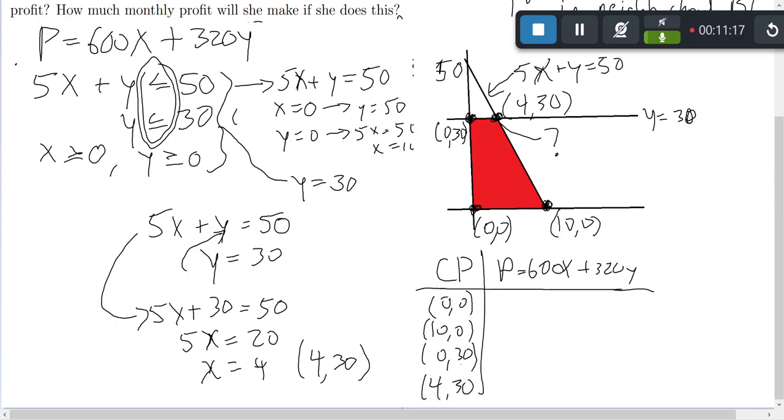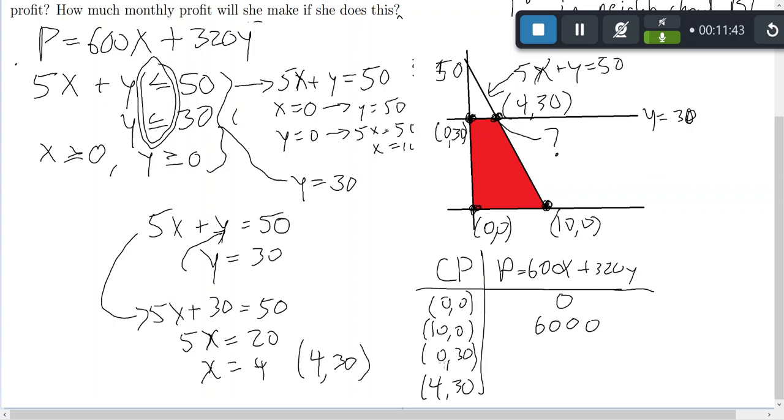We go about plugging each point into this expression. First, the origin gives us 600 times 0 plus 320 times 0, which is just 0. Then plugging in 10, 0, I get 600 times 10, which is 6,000, plus 320 times 0, which just adds a 0, so I'm left with 6,000.